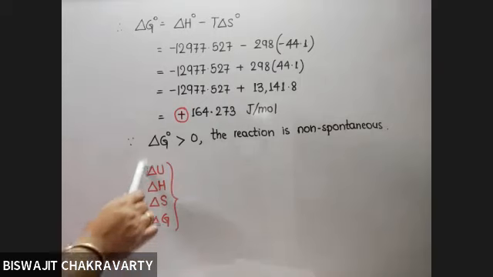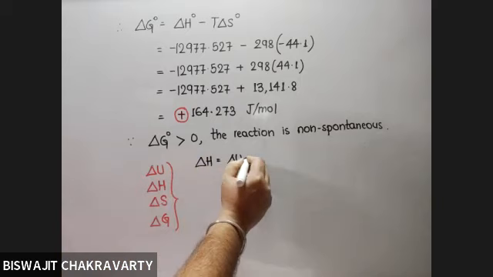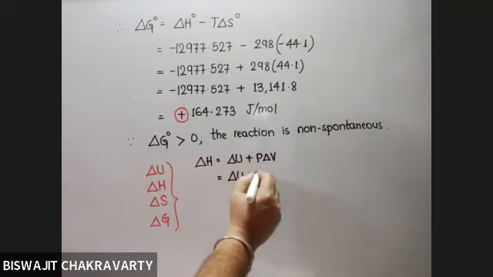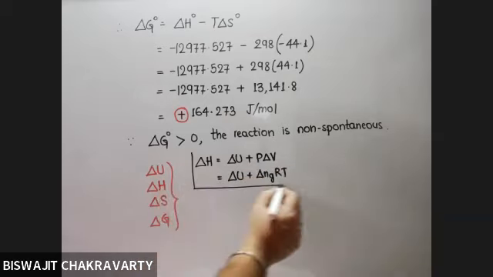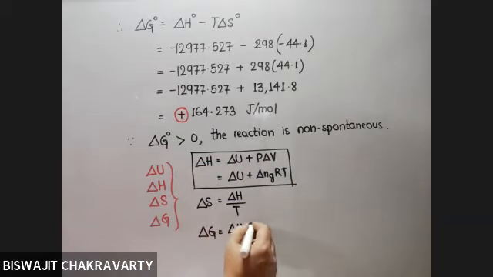The relation between delta H and delta U is delta H is equal to delta U plus P delta V, or delta U plus delta n g RT. This is the relation between delta H and delta U. The relation between delta S and delta H is this. Delta S equal to delta H by T. And the relation between delta G, delta S and delta H is this.